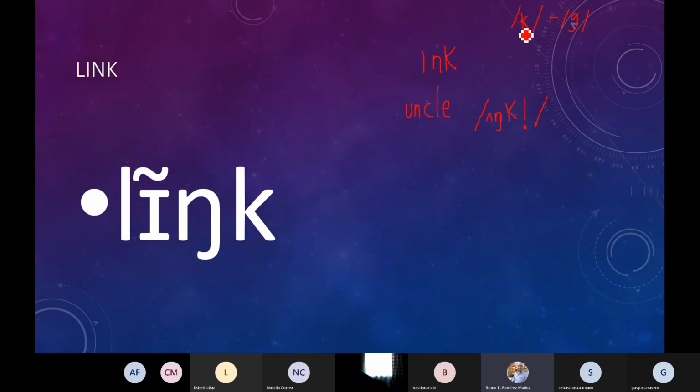This becomes the velar nasal. And the vowel sound, which is preceding a nasal consonant sound, is nasalized, and we show nasalization using this diacritic symbol.